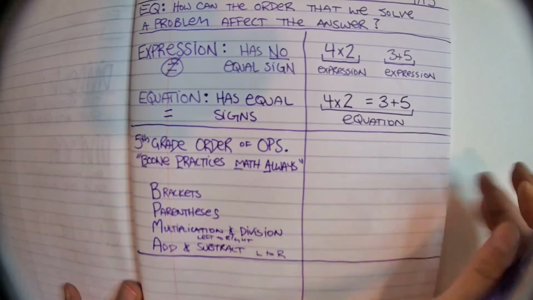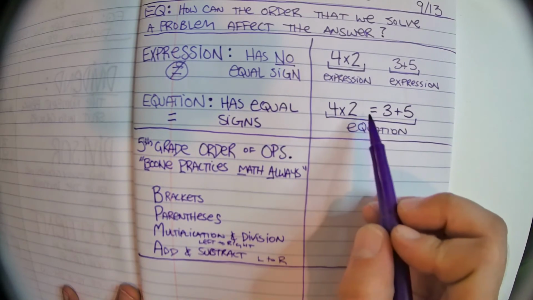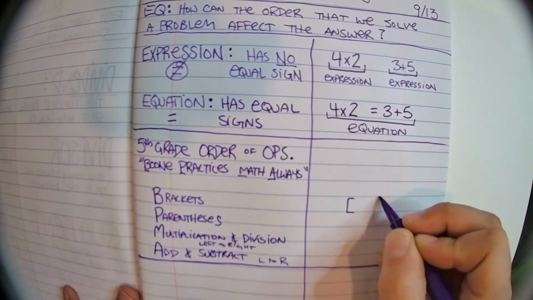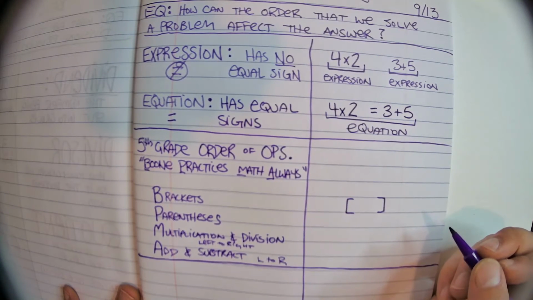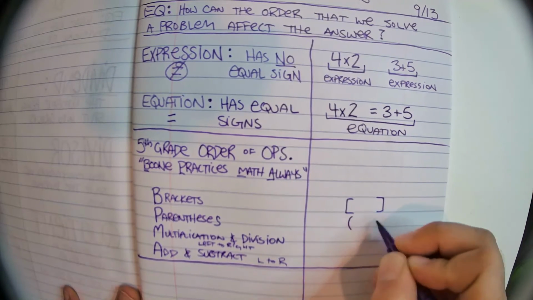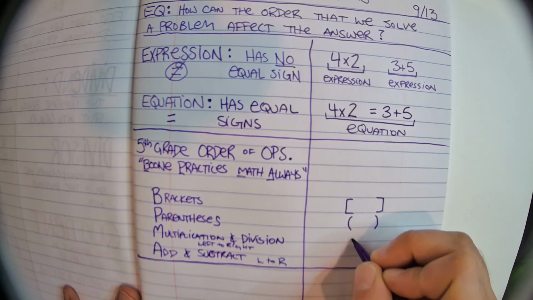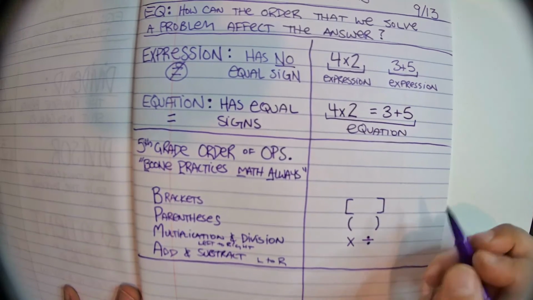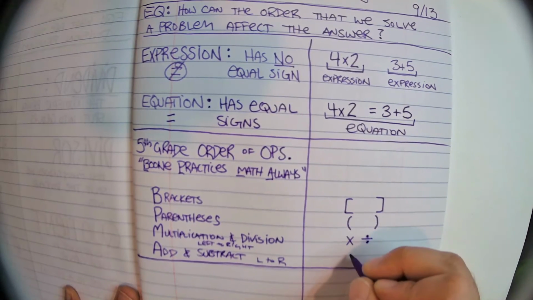So, when we're solving a problem, we will always do whatever's in brackets first. So, these are brackets. And in math problems, you might start seeing brackets. After that, you'll do what's in parentheses. After that, you'll do all of your multiplication and division in the problem from left to right, just like you always have.